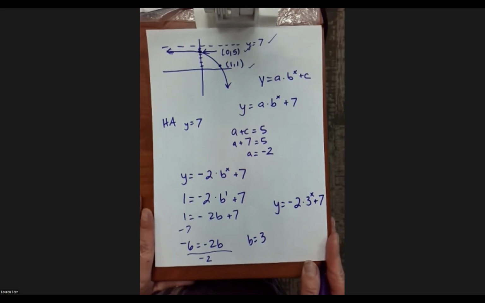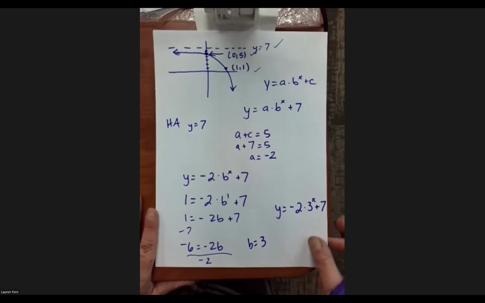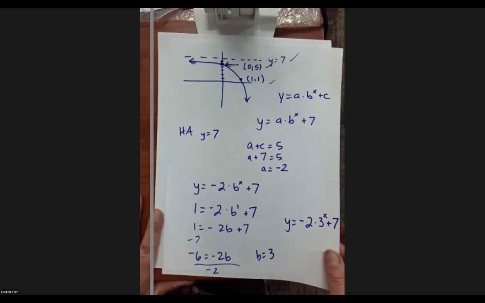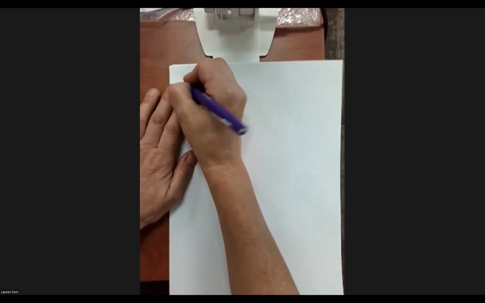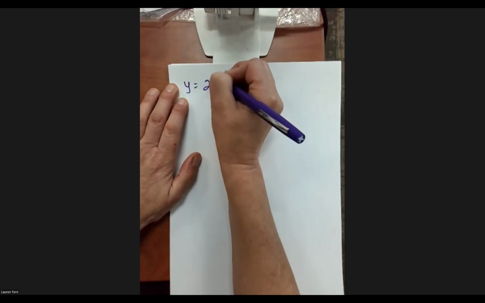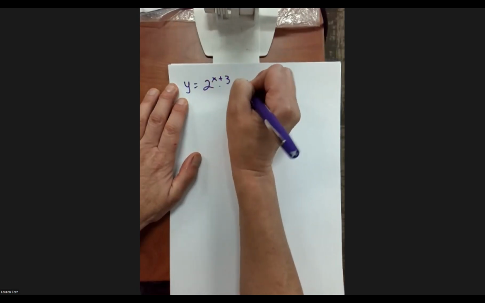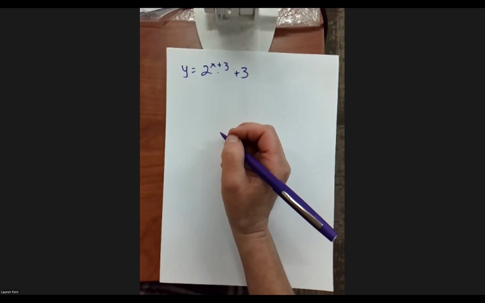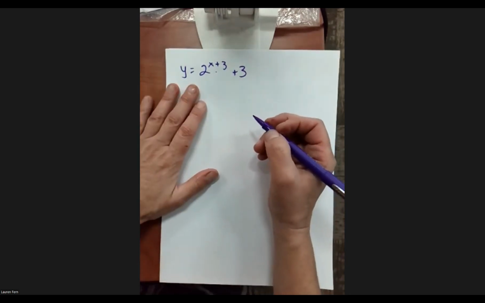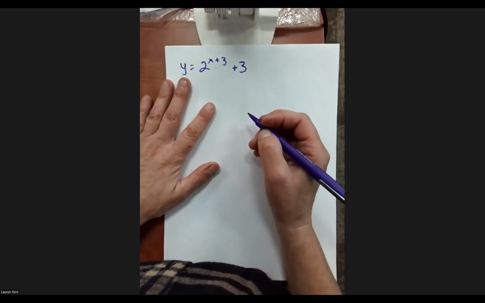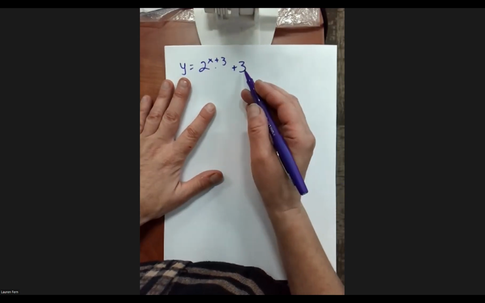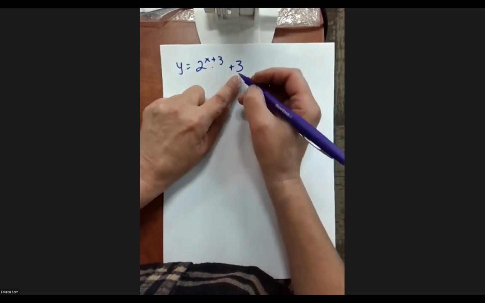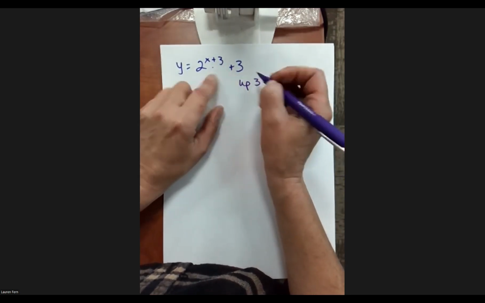Questions there? All right. So just tell me, what does this graph look like? Okay, this +3 here tells us up 3.